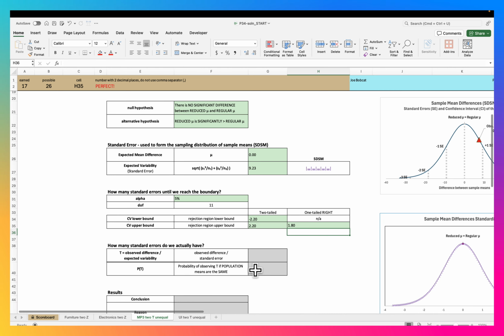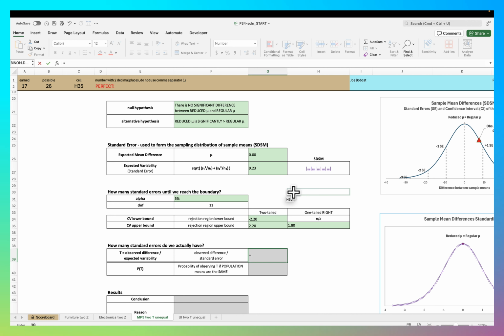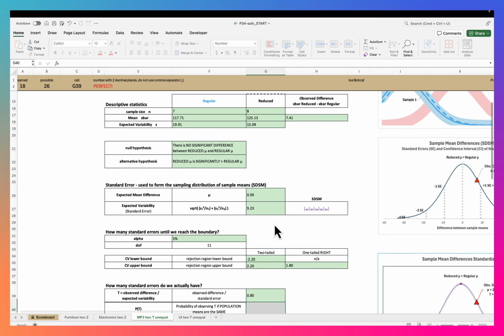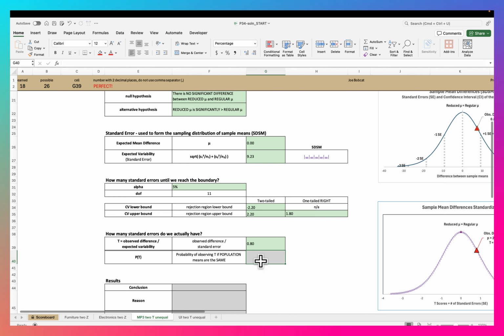So, how many standard errors do we actually have? That's going to be the observed difference divided by the standard error. The observed difference was 7, the standard error was 9.23, so not a lot, 0.80 standard errors.